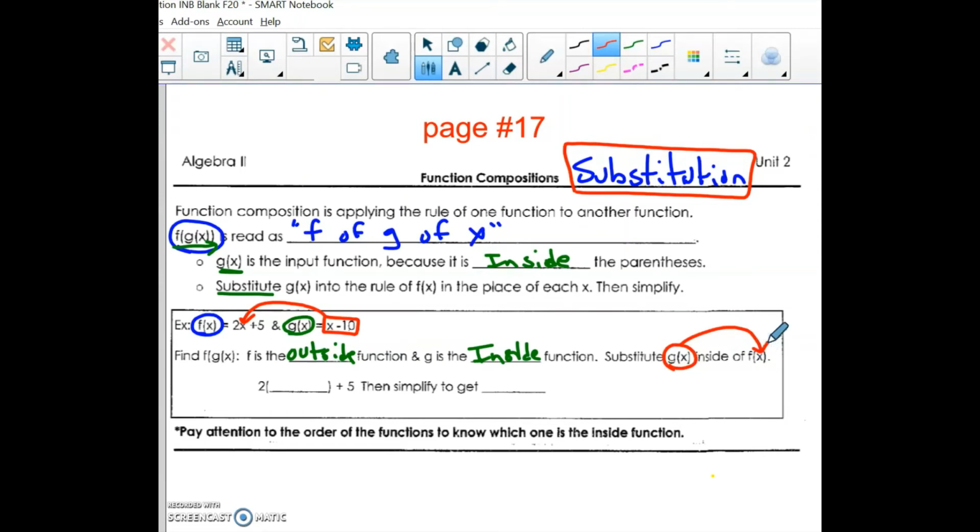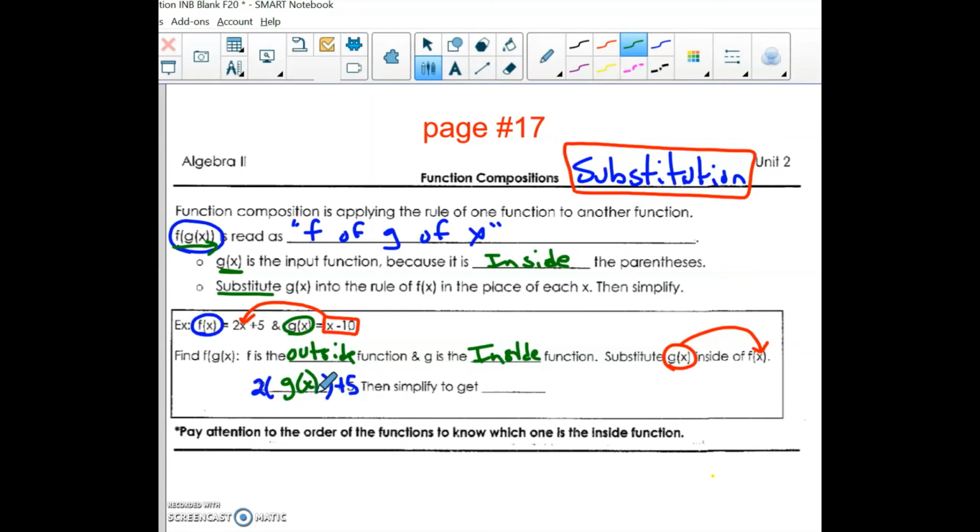If you notice, below this, the f function is written down. It's 2, and then they opened up a parentheses, and then plus 5. They opened up a parentheses so that the g function can go inside of that parentheses.